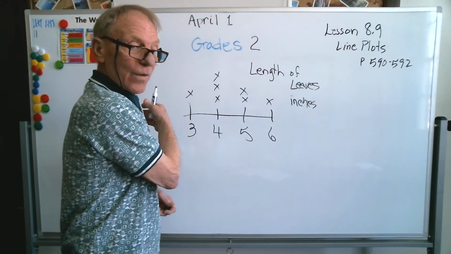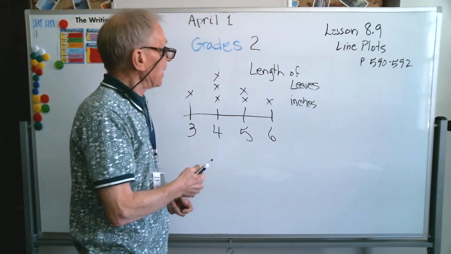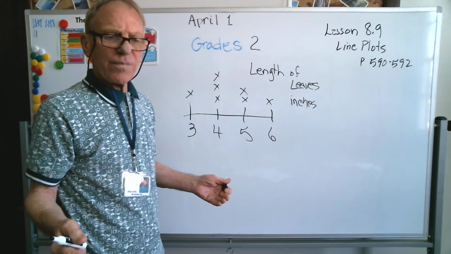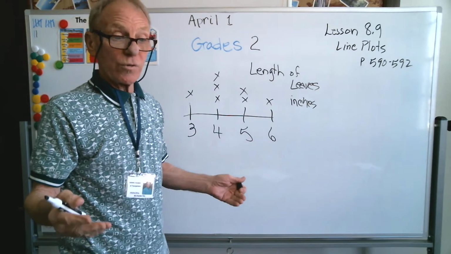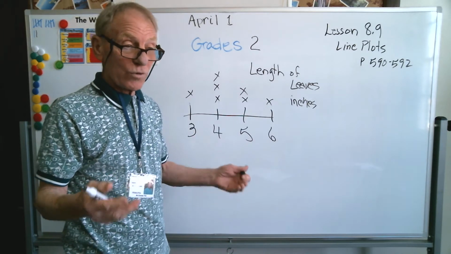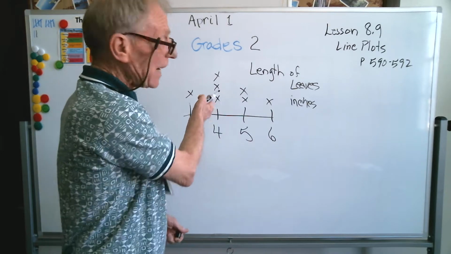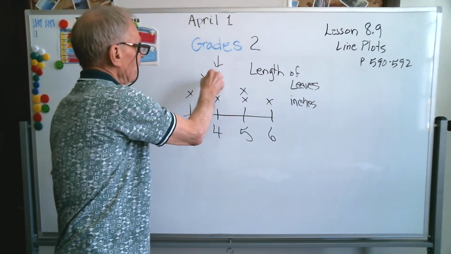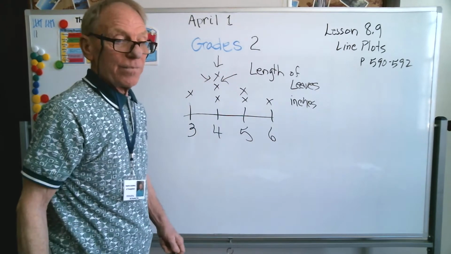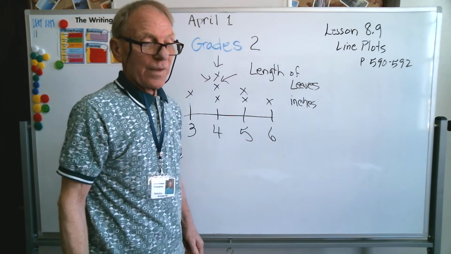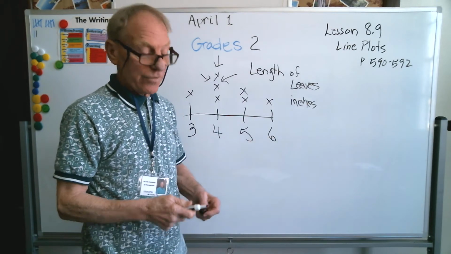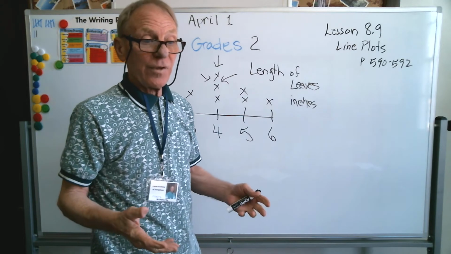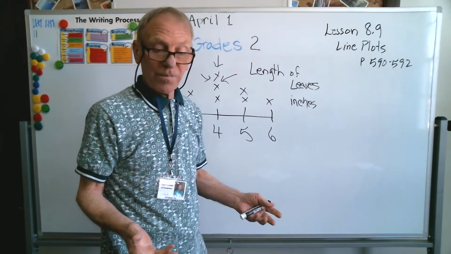Now, one of the reasons why you build a dot plot like this is you can look at it and say, what size of leaf occurs most often, most frequently? And you can look right at that and say, well, gee whiz, that appears to be 4 inches, because of all the leaves they measured, the largest number of leaves were 4 inches.